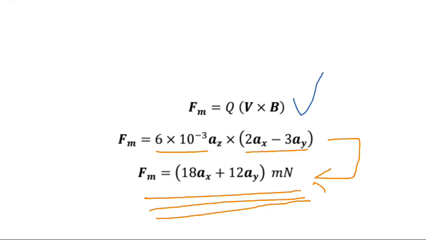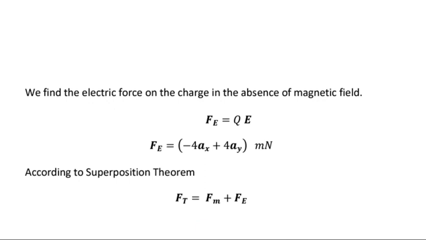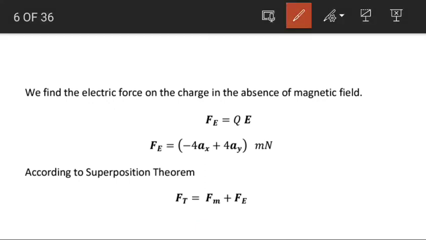Let us do the second part of this particular question. There are two sources which are exerting force on the moving charge. Number one is the magnetic field, and we have already calculated the force on the charge due to the magnetic field.